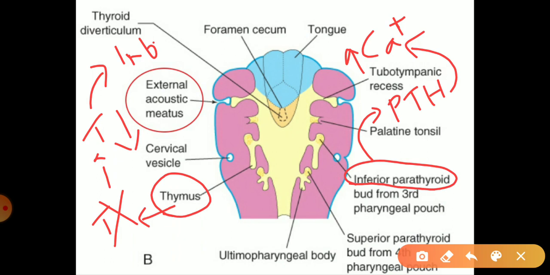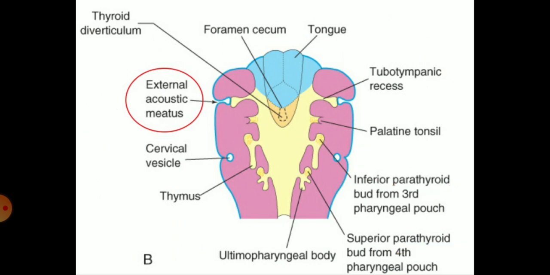So if the third pharyngeal pouch is absent, there will be no thymus and no parathyroid gland. With that, the patient also suffers from other associated conditions like cleft palate and cardiovascular anomalies.